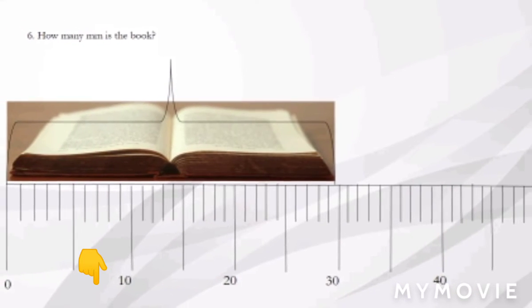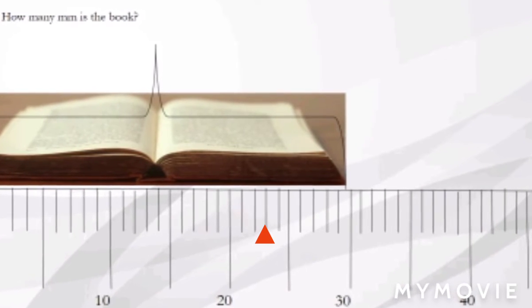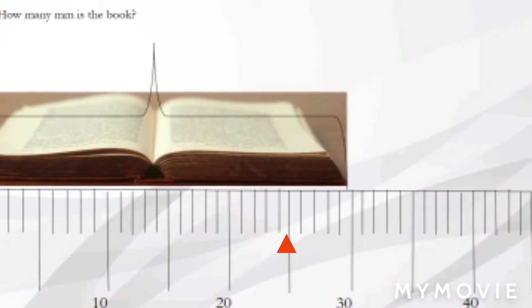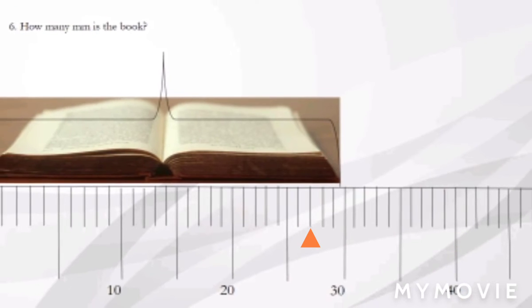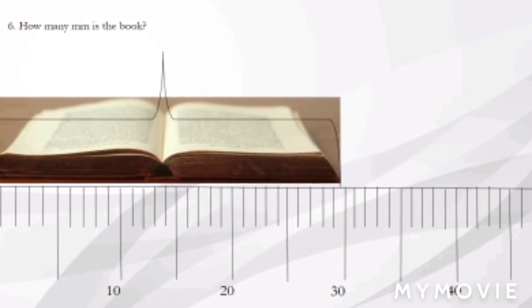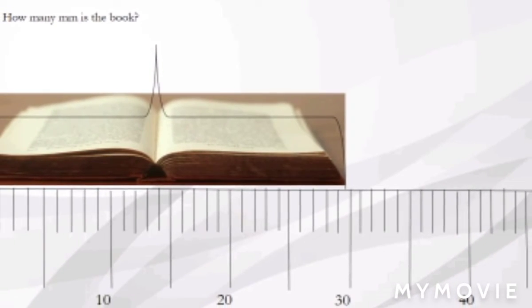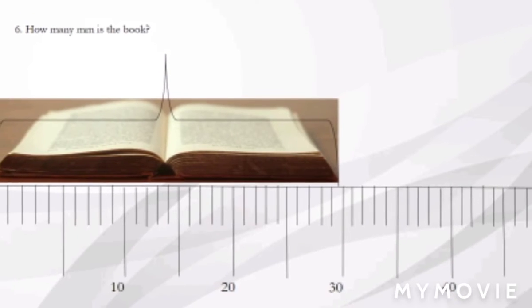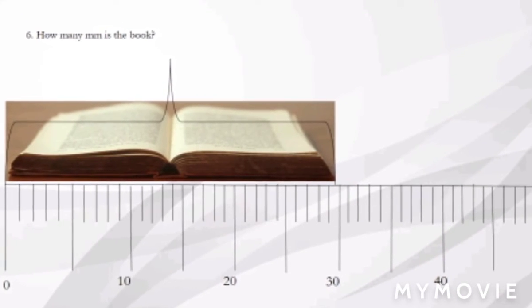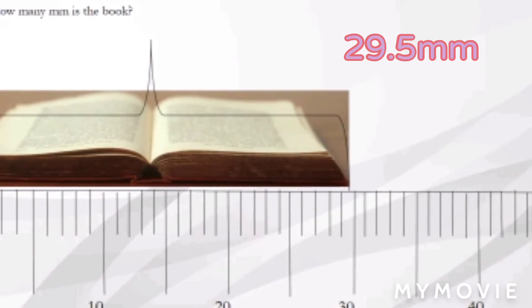So 10, 20, 21, 22, 23, 24, 25, 26, 27, 28, 29.5, as it didn't reach 30. So it will be read as 29.5 millimeters.